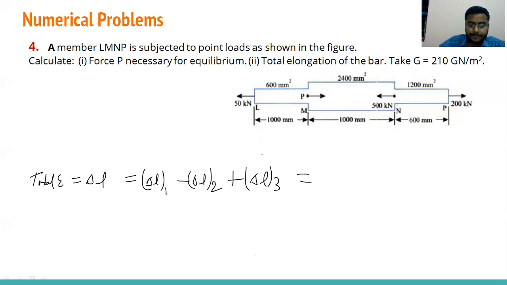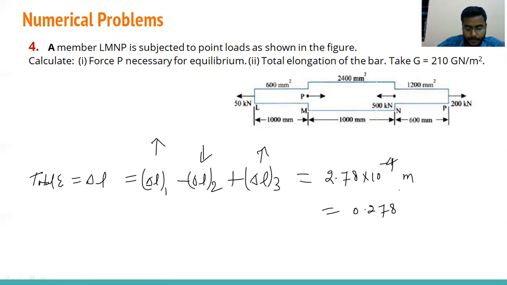This is increase, this is decrease, this is increase. So we will get the final one, that is 2.78 10 to the power minus 4 meter, or you can write it in terms of mm, 0.278 mm.